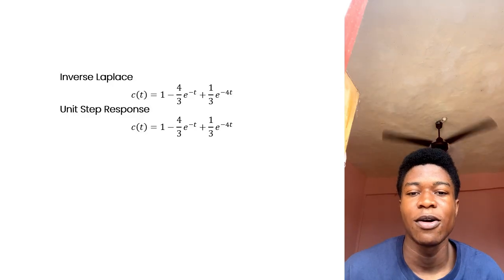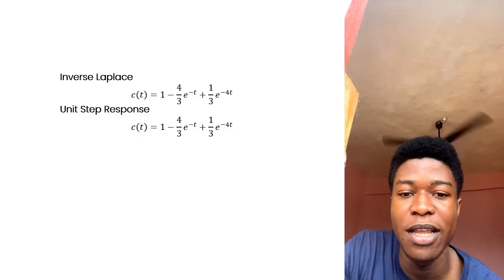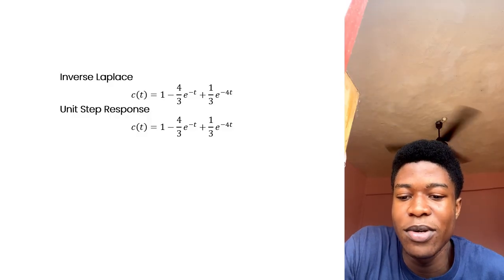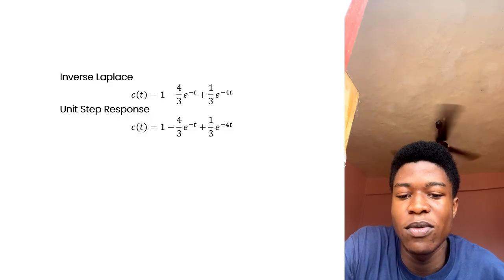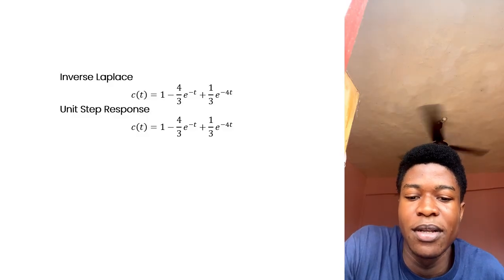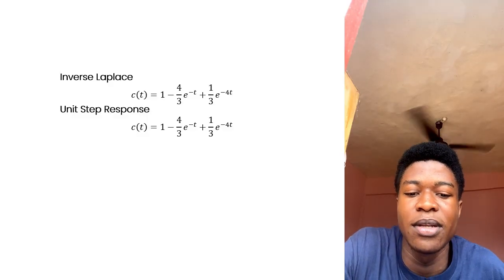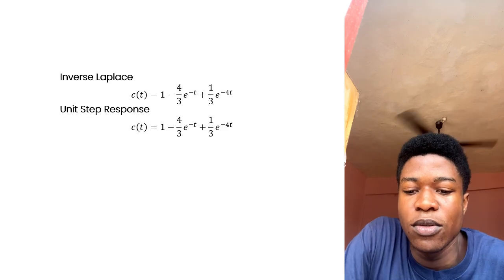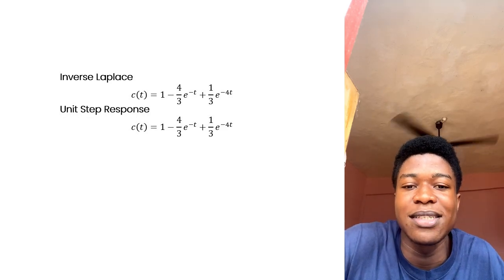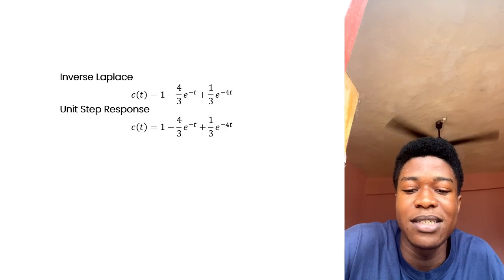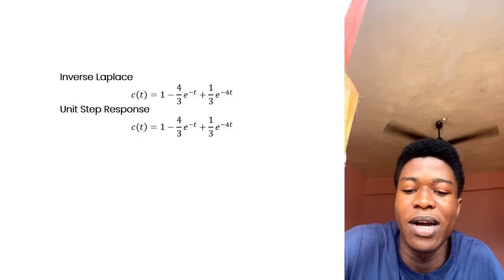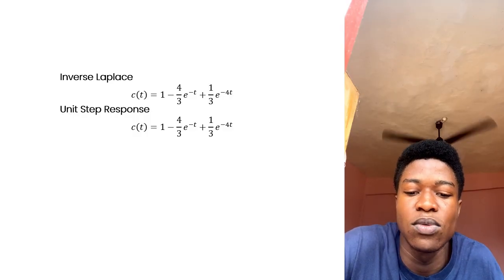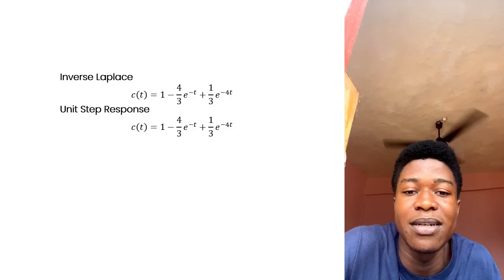I'll be explaining how we are going to use the inverse Laplace. From the equation we have C(s) equal to 1 over s minus 4 over 3 times 1 over (s plus 1) plus 1 over 3 times 1 over (s plus 4). We are going to use the inverse Laplace identities, where 1 over s is equal to 1, and 1 over (s plus a) is equal to e raised to the power minus at.